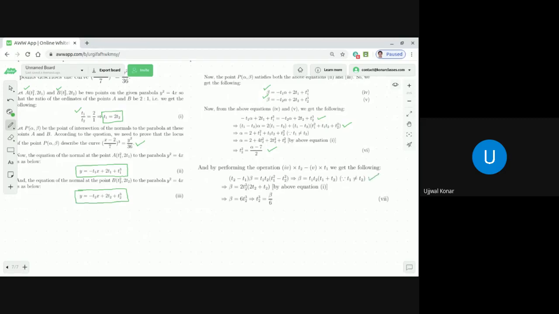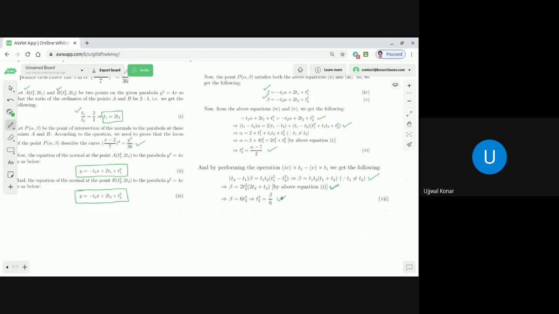Quite straightforward. From there we get beta equal to 6 T2 cube, because here also we apply T1 equal to 2 T2. So we get T2 cube is equal to beta by 6.